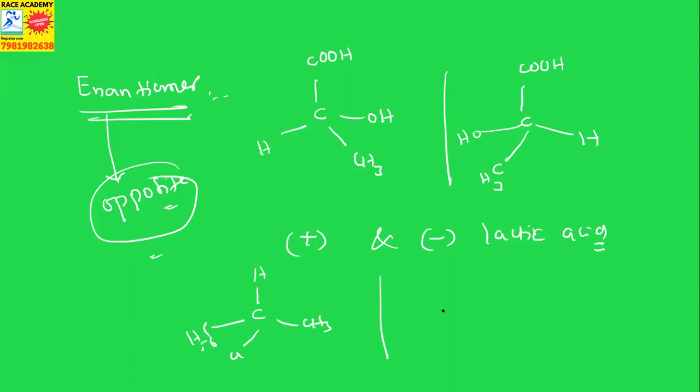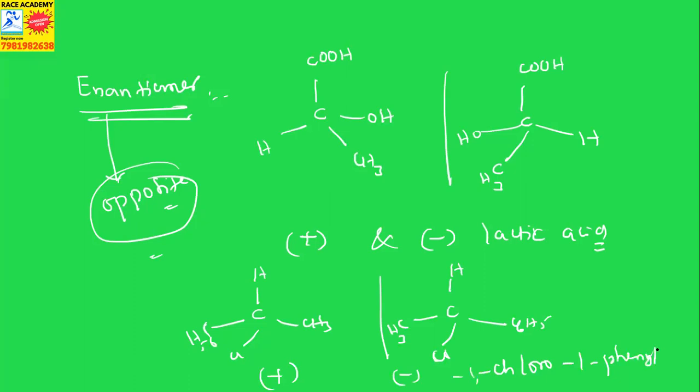Keeping a mirror, you get hydrogen here, a methyl group, C6H5, and Cl. One is dextrorotatory and the other levorotatory. Its IUPAC name is 1-chloro-1-phenylethane.